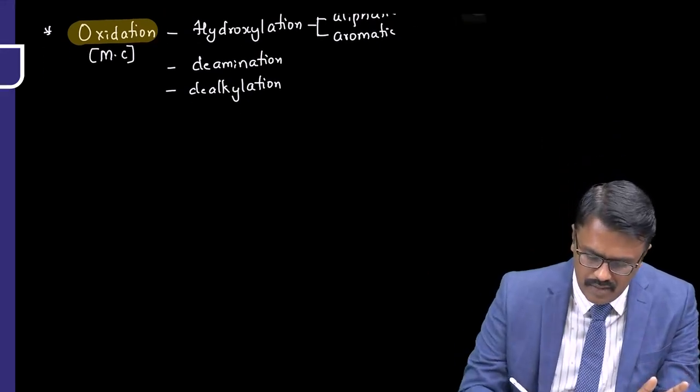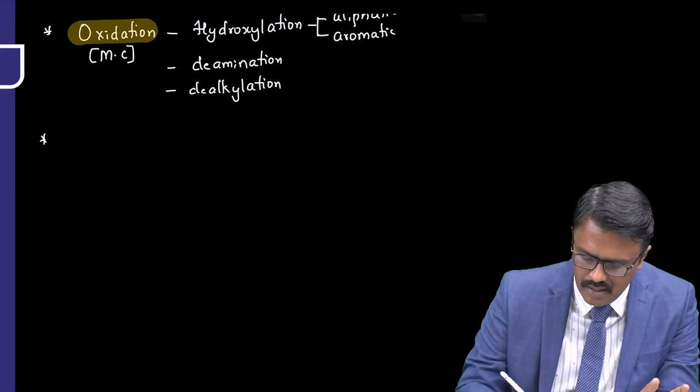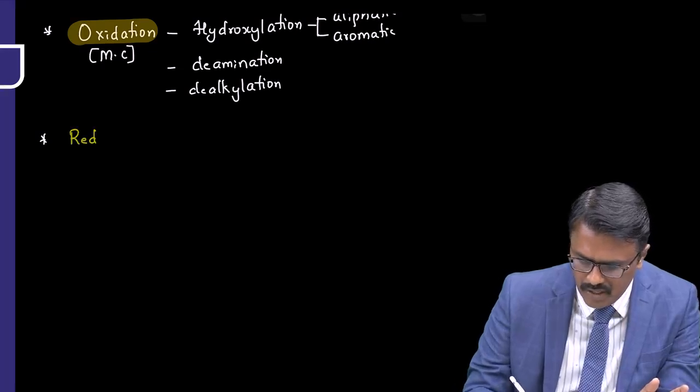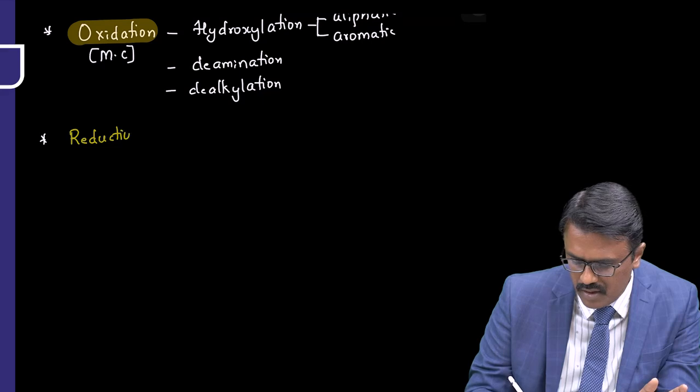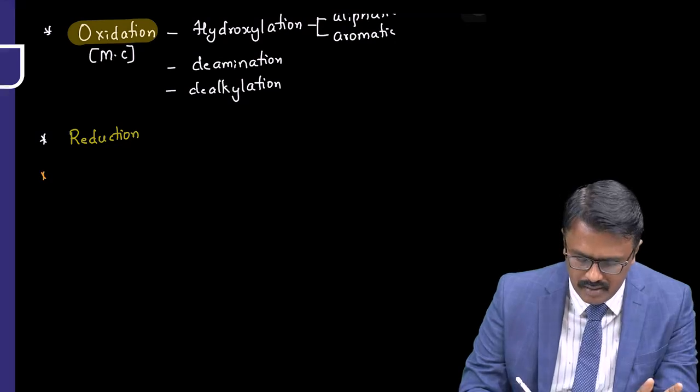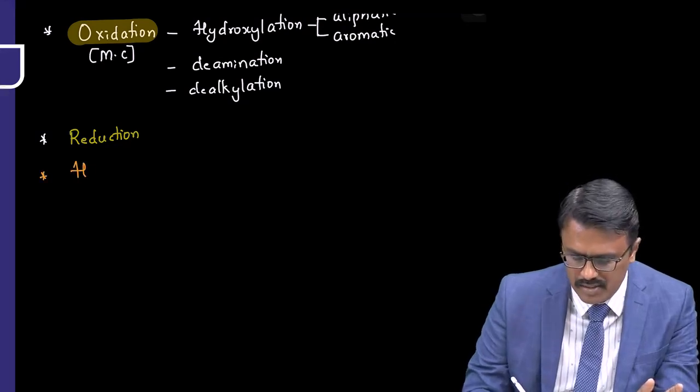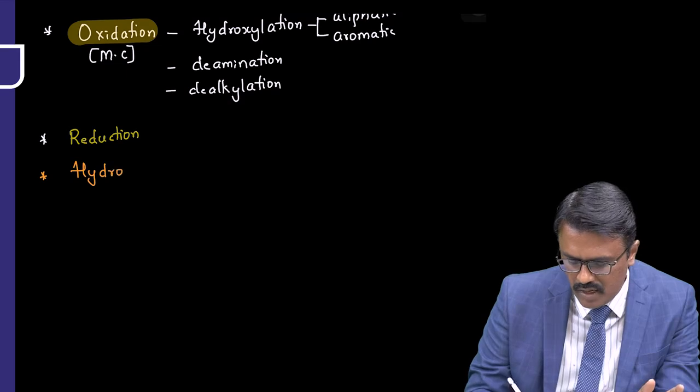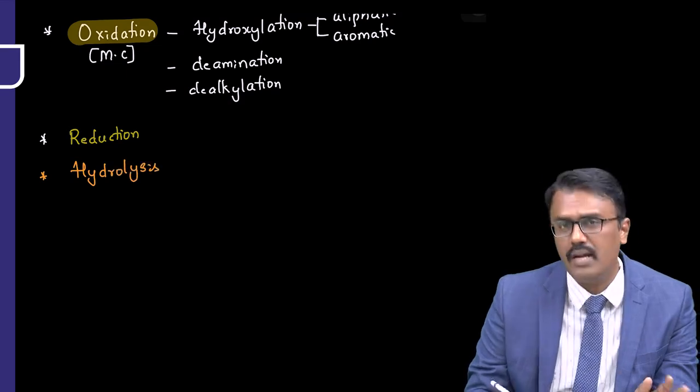That much is fine. The second one is reduction. Reduction means adding of hydrogen or removing of oxygen. And then the third important one is hydrolysis. The name tells you, hydrolysis means add water and lyse the compound.